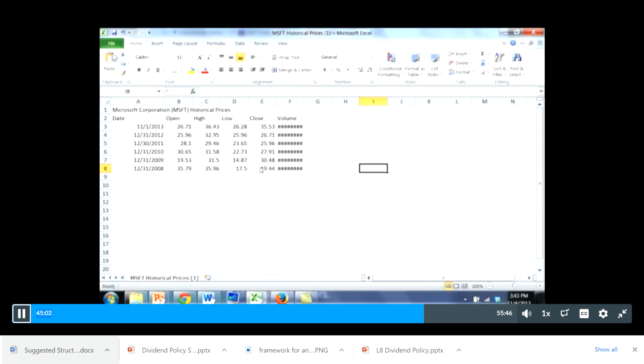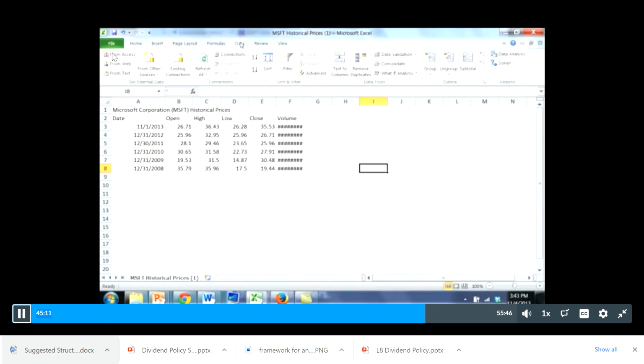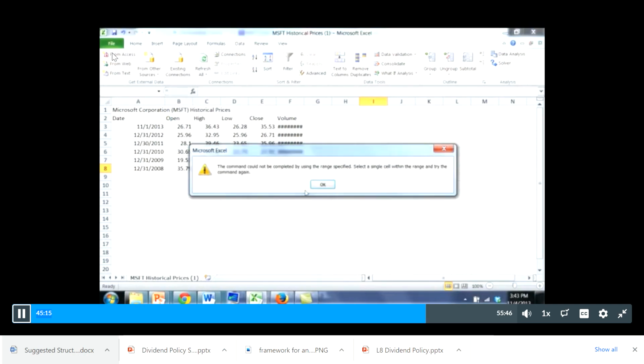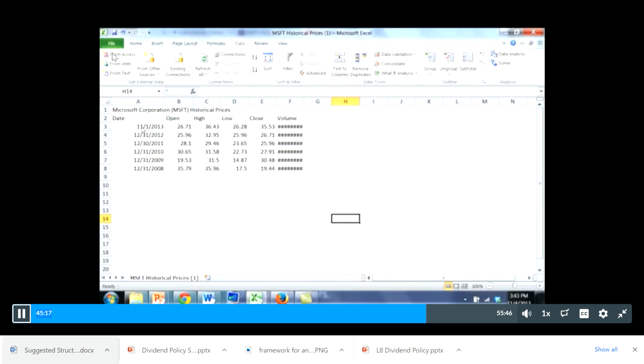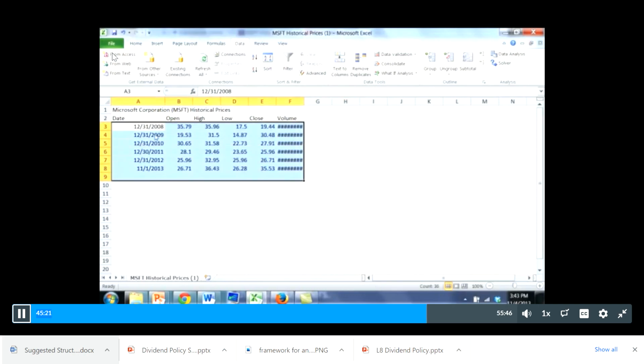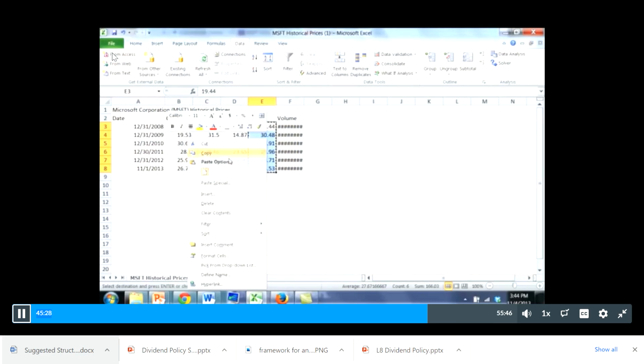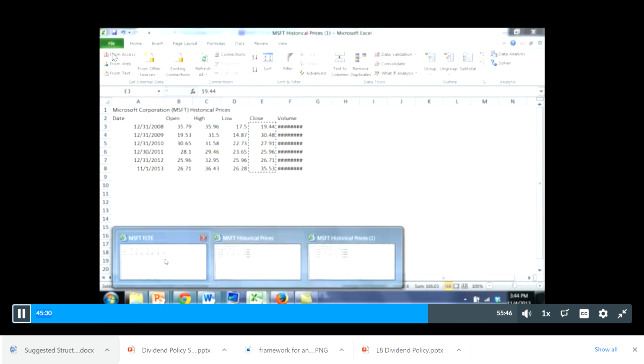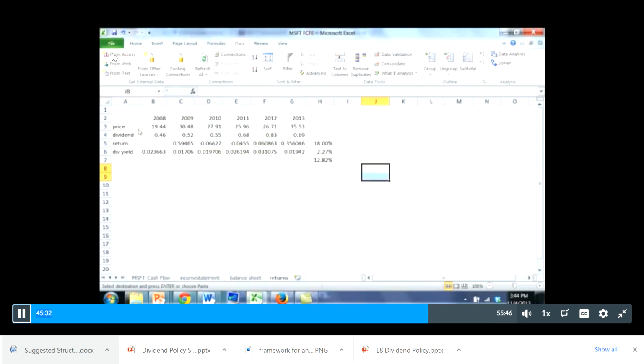I want these, the way I've put things in, I want these across with 2008 first. So I'm first going to have to sort my data, sort it A to Z. Didn't like that. I need to block this, right? Now I'm going to sort A to Z. And so I get 2008 first, and then I'm going to take my closing prices, copy them, and go over to my spreadsheet that I'm looking for.